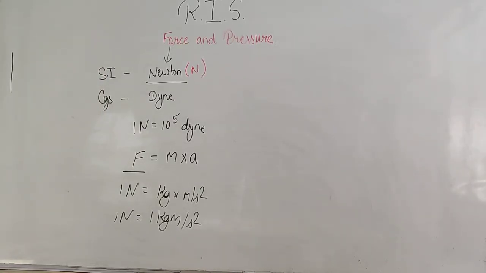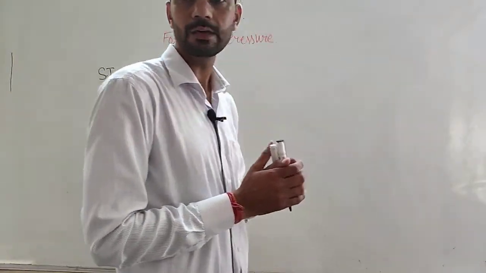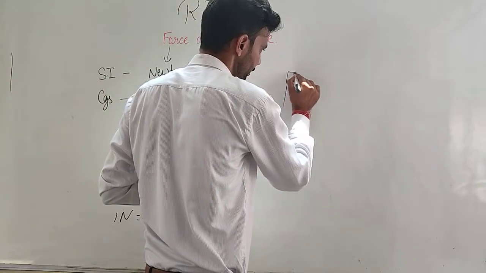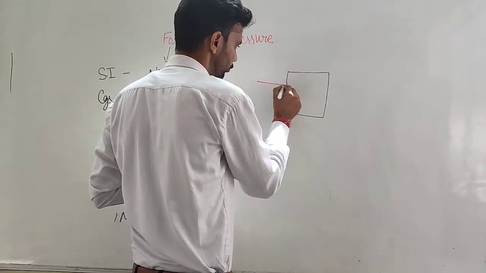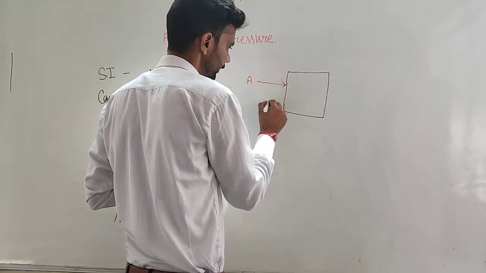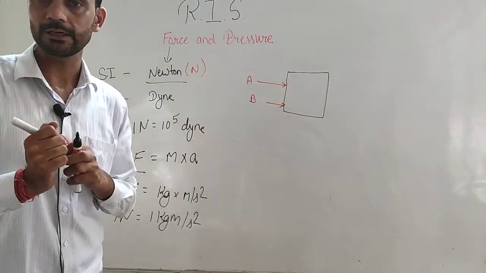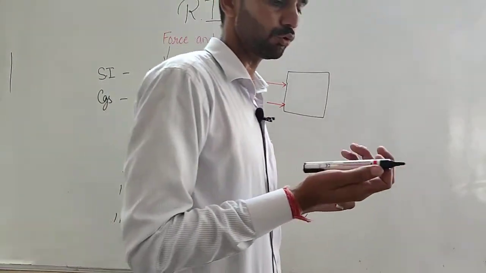Now we will discuss how we can add the forces and how we can subtract or cancel the forces. Suppose this is a box. If two forces are acting on it, force A and force B, and we want to calculate the resultant force.